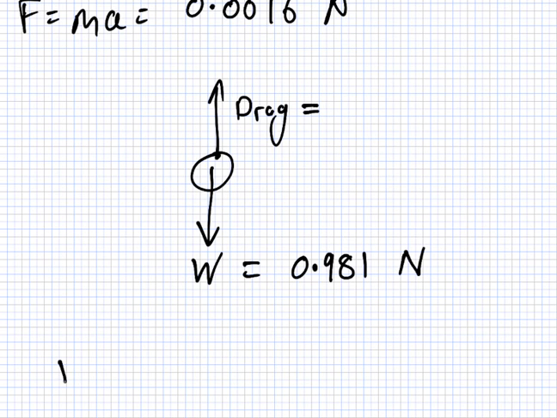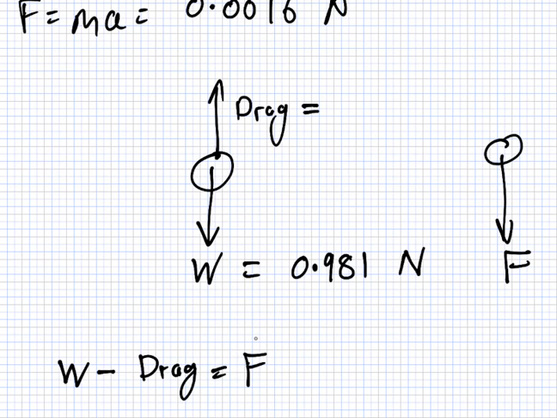Well, you know that W minus the drag should equal F. The force going down minus the cancelling force going up should equal F. So you can know that the drag will equal W minus F.